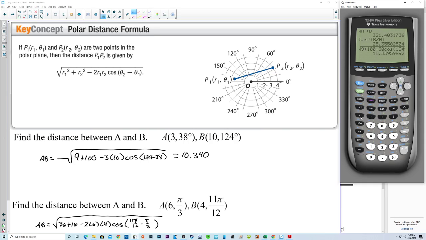So square root of 36 plus 16 minus 2 times 6 times 4, and then we got cosine of 11 pi divided by 12 minus pi divided by 3. All right, and we get 8.026.